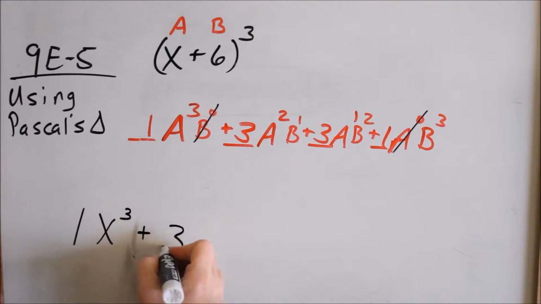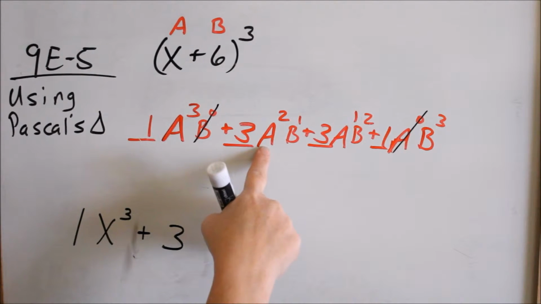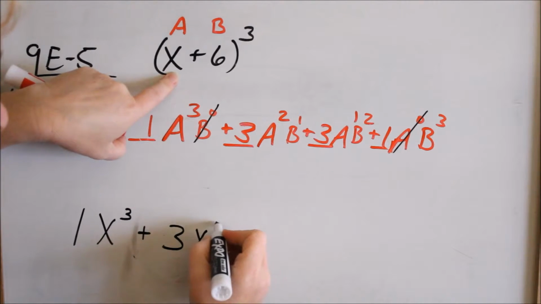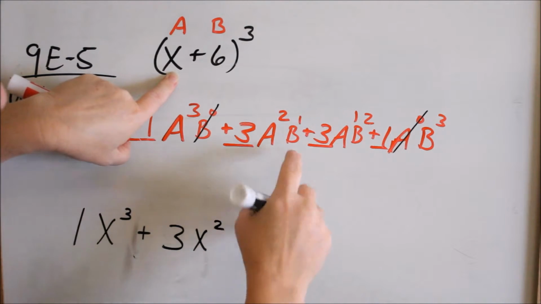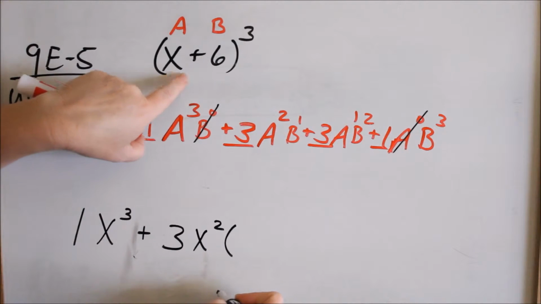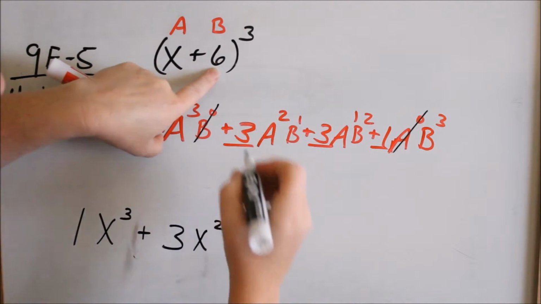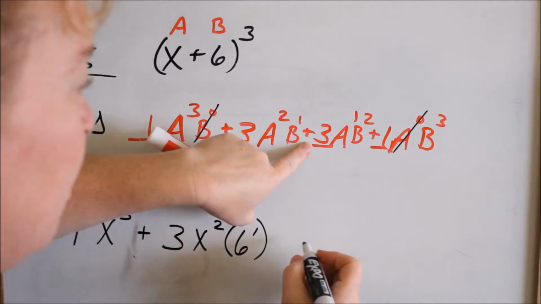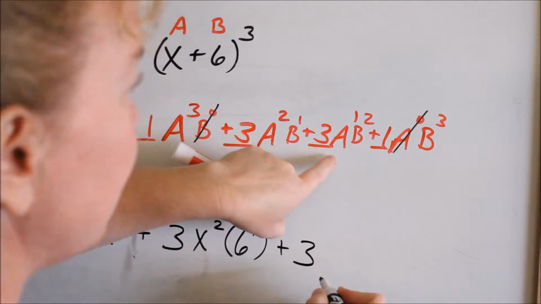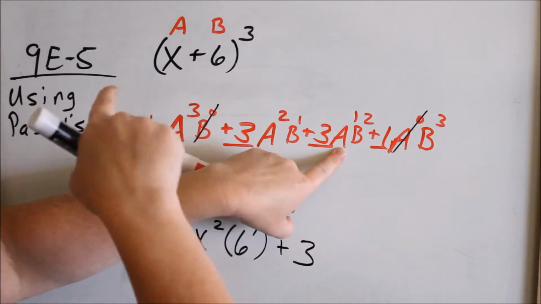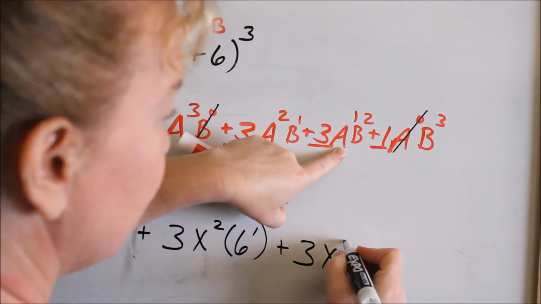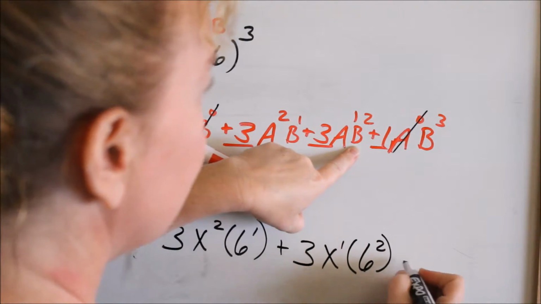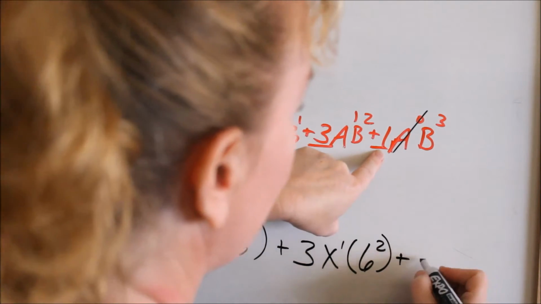Plus, there's my 3 coefficient, times A squared. A, in my case, is x. So x squared times, so I'm going to use parentheses, times B to the first. My B is 6. 6 to the first. Okay, plus, there's my 3 coefficient. A to the first, in this case, A is x. x to the first times B squared, which is 6 squared, plus, I have a 1 coefficient.